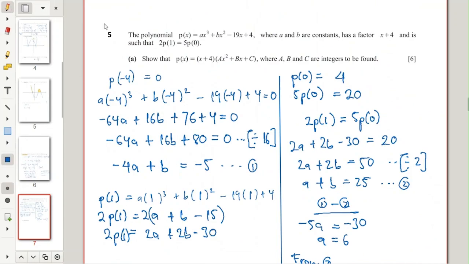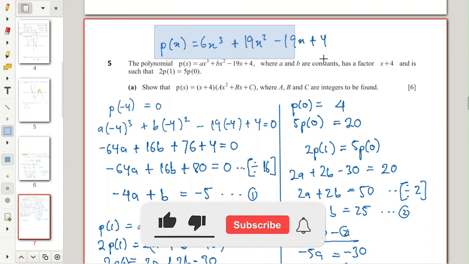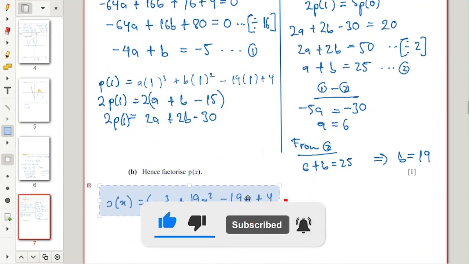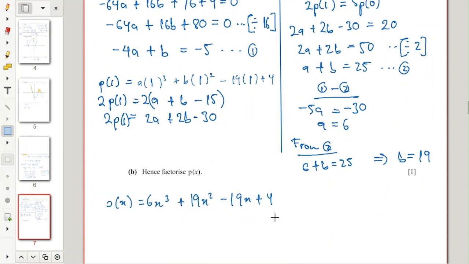Okay, so now let me write my polynomial. So a is 6, b is 19, plus 4. All right. Oh, the space was not enough for this amount of work.